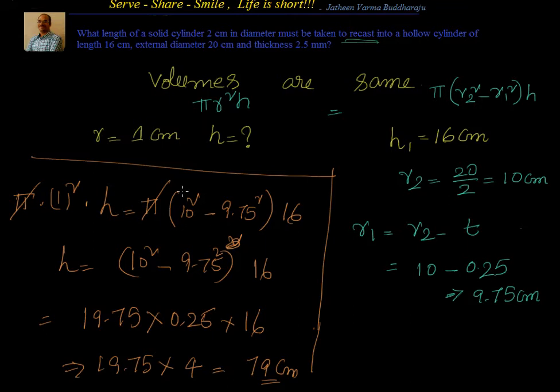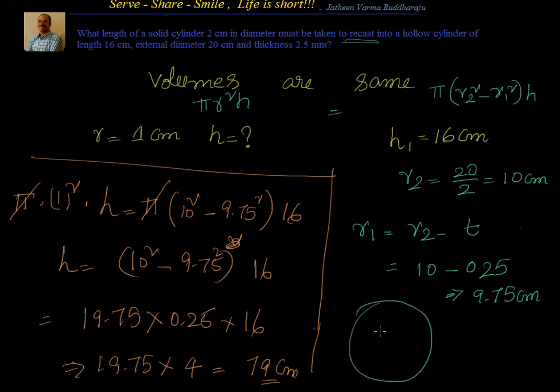Let's repeat that again. We have been asked what length of a solid cylinder 2 centimeter in diameter must be taken to recast it into a hollow cylinder of length 16 centimeter, external diameter 20 centimeter and thickness 2.5 mm. The diagram is like this.